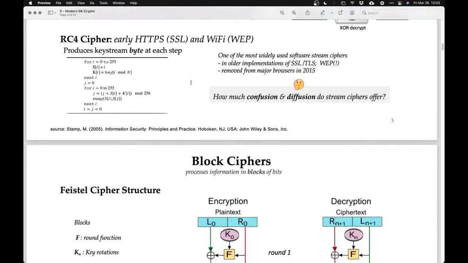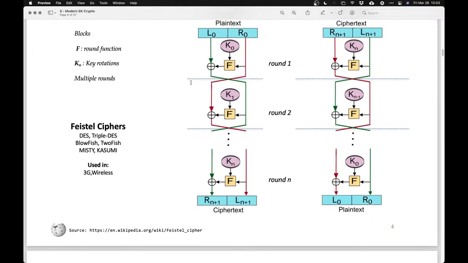Okay? Block ciphers get around this, at least at the block level, by scrambling the information within the block. So there's no longer a one-to-one correspondence of the bits in the plain block and the cipher block, because I've scrambled the blocks.